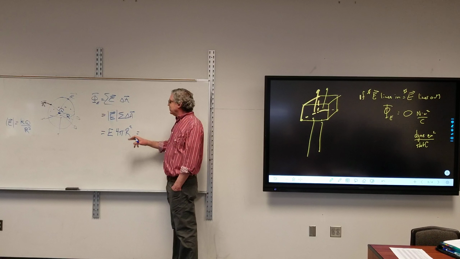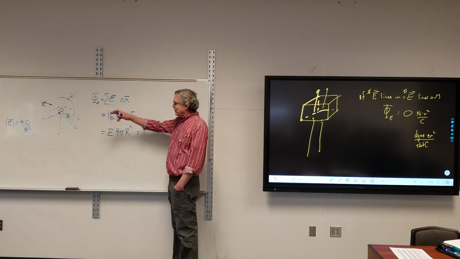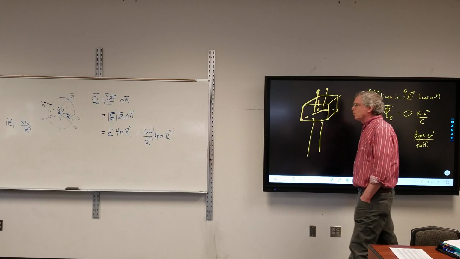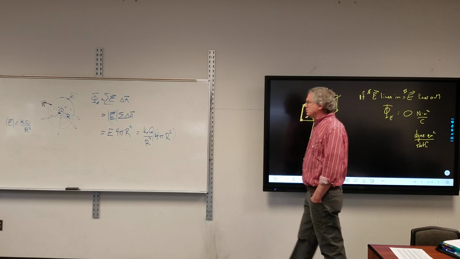And my electric field is just kQ over r squared, so Q over r squared times 4 pi r squared. And my r squareds cancel out.